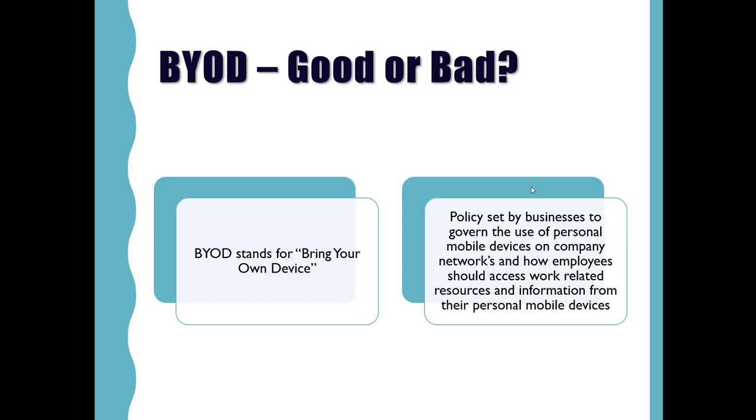So that's kind of a policy that we have, and information from your personal mobile devices, you can't share that information. So some companies have a policy like if you are going to access your work email, you have to have these things like a lock code or whatever so that people can't get into your personal stuff if your device were to be stolen.